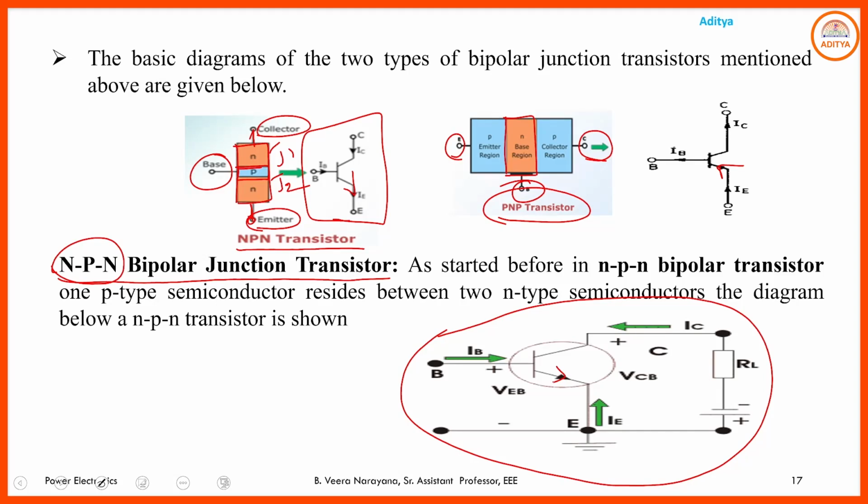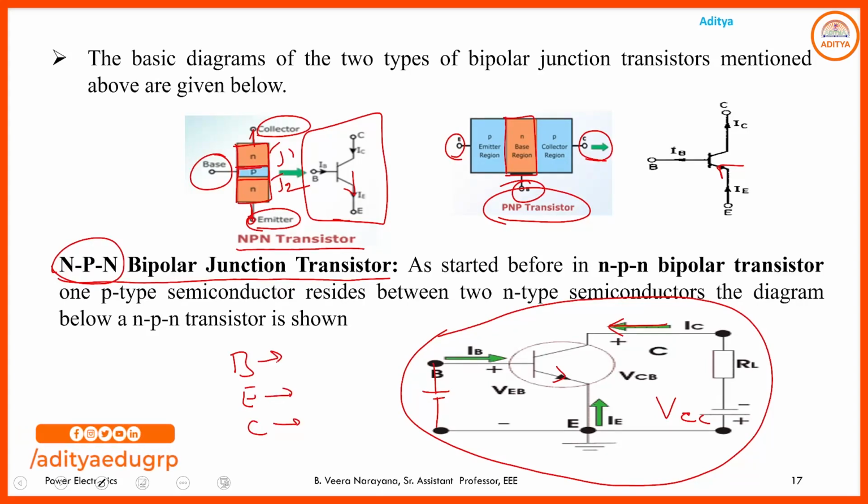These are the biasing voltages provided across the base and emitter and the collector and emitter. Here is the voltage across the emitter and base terminals, and this is the current flowing through the emitter. Out of these three terminals, we have base, emitter and collector.